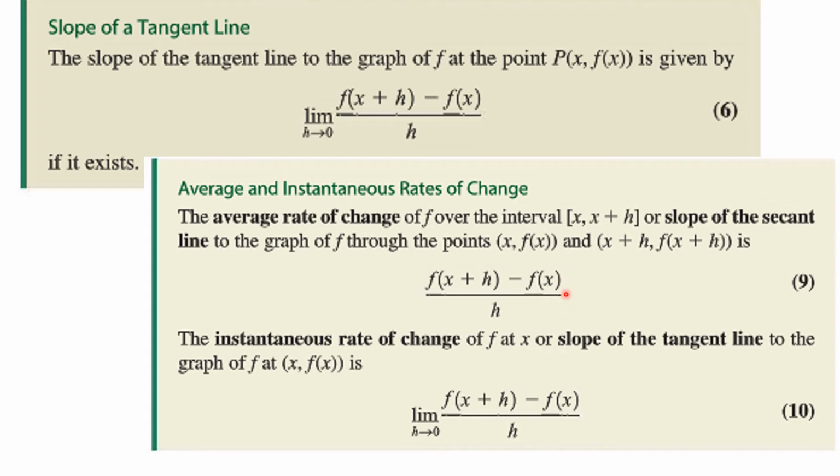Sometimes this is called the difference quotient in your algebra classes. So the instantaneous rate of change of f at x, or the slope of the tangent line to the graph at x, f of x, is the limit as h goes to 0 of that. These are the same two expressions. This is what it means as a graph. This is what it means in terms of rates of change.